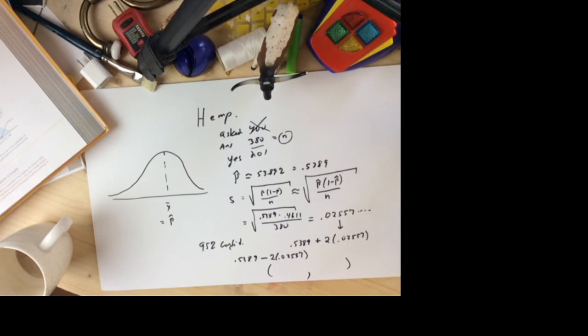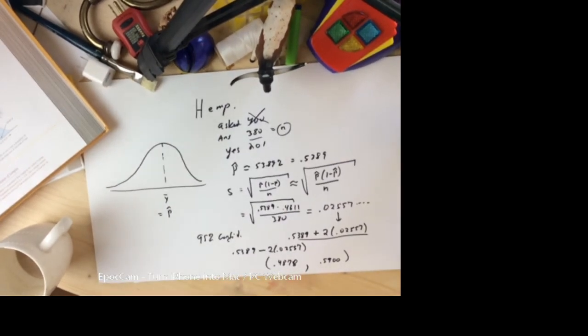So now I'm going to calculate those two numbers on my calculator. The first one I get is 0.5900. Okay, I'm going to do this calculation. And I get 0.4878.